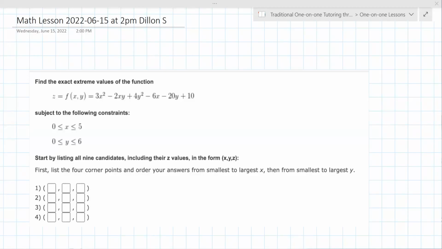All right, so it says start by listing all 9 candidates, including their Z values. So I take that to mean that they want you to check the corners of the box here. It's 0, 0, 0, 6, 5, 0, and then 5, 6.